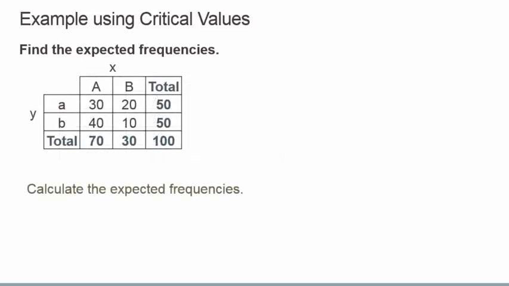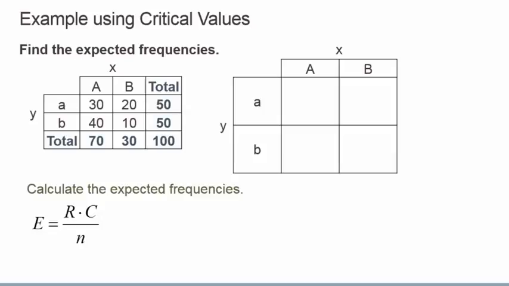Now that I have my totals, I can calculate the expected frequencies. E equals R times C divided by N. So I want to create a table similar to the table that my original data is in, where my X are the columns, capital A, capital B, and my Y are the rows, lowercase a, lowercase b.